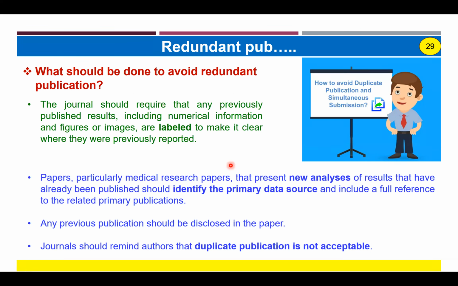The publisher should put up a notice or have a policy and make authors aware that journals require any previously published results, for example numerical information in the form of a table, figure or images, to be labeled to make it clear where they were previously reported. So you can do that.